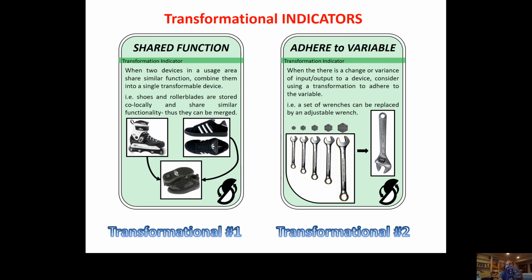If we can have a product that can change size to accommodate different size cracks in the rock, that's a good opportunity for transformation, and that's what's going on with this camming device. On the slide, we see the example that you need many different size wrenches to do a job, and you don't need to use them all at the same time. Then a crescent wrench, an adjustable wrench, is a great idea, so you can just have the size of the wrench transform.